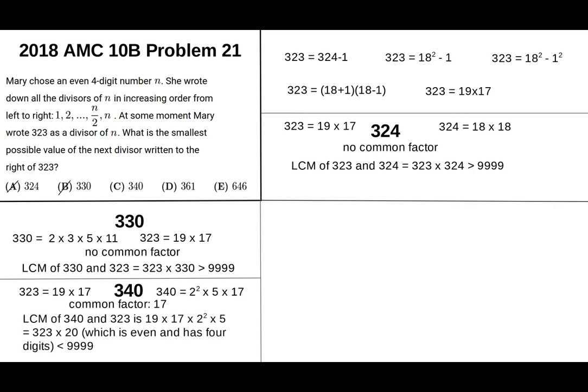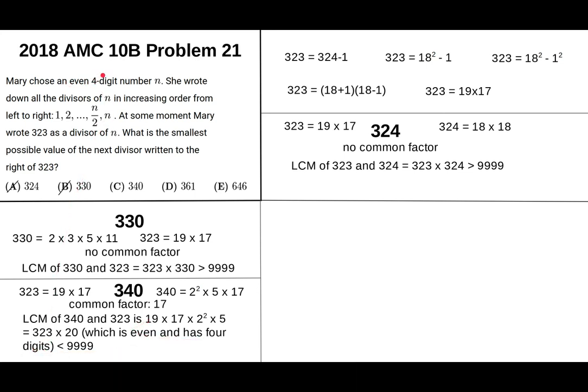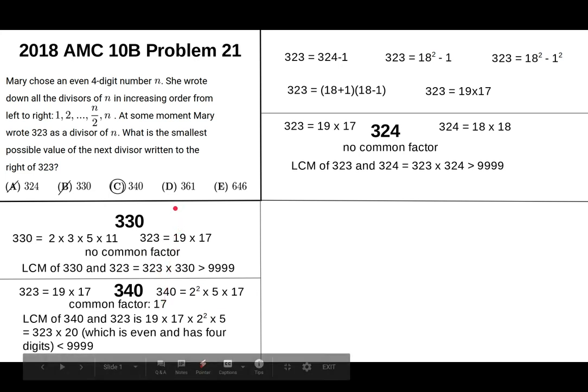The LCM of 340 and 323 is 19 times 17 times 2 squared times 5, because if we find the LCM of two numbers, whatever common factor they have, we cross out one of them and just multiply the rest. 323 times 20 is the same as 19 times 17 times 2 squared times 5, because 19 times 17 is 323 and 2 squared times 5 is 20. This is even and has 4 digits, as it has to be. So this works. We found the answer, but just to make it interesting, let's try the other ones and see which ones work, not just the least one.